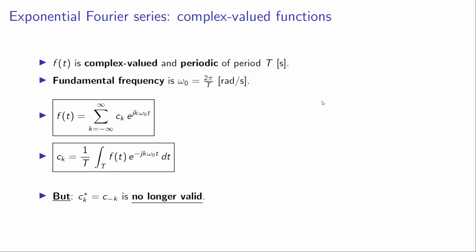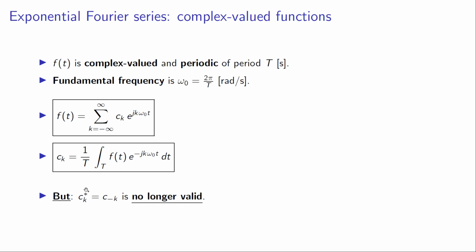The fundamental frequency, as before, is omega 0, which is 2 pi over T. Well, then we obtain the two formulas that we had obtained also for real valued functions, right? So the decomposition is exactly the same, and the way we compute the Fourier coefficients is exactly the same. The only difference in here is that, of course, f of t is now a complex valued function.